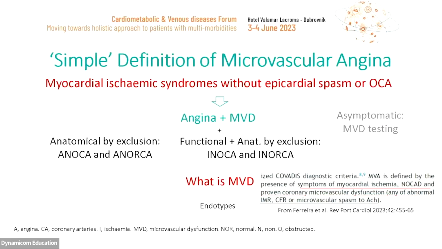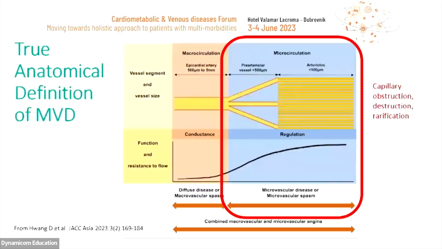So it's more complicated in a way than I think. What I'm saying is, we need to take into consideration all these elements. Now, a true anatomical definition is not to exclude something, but to try to look into what we're talking about. So what are we talking about?